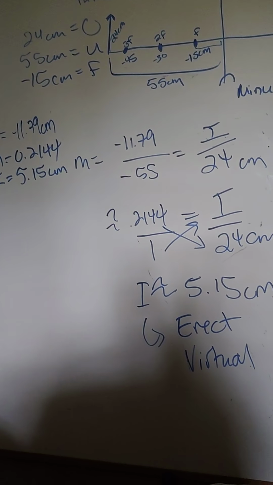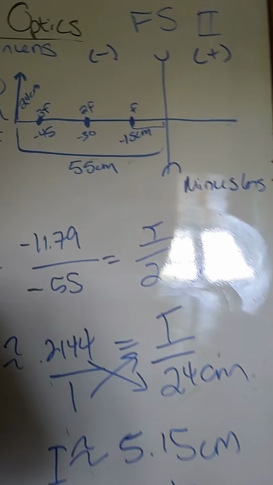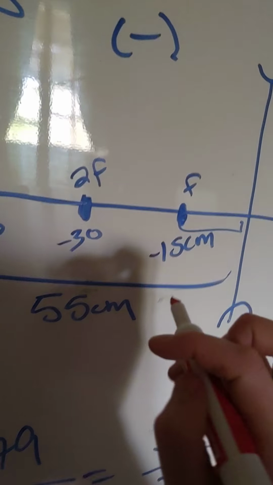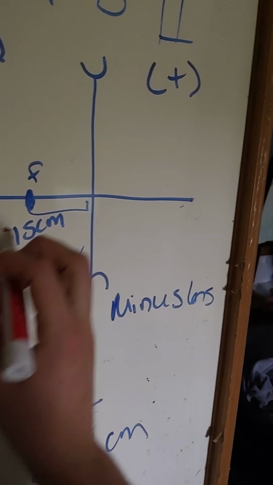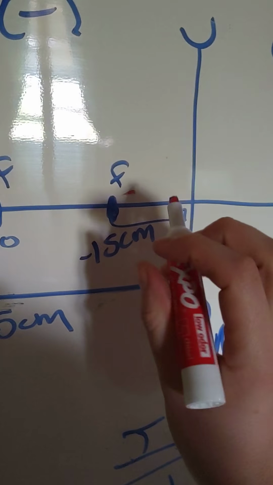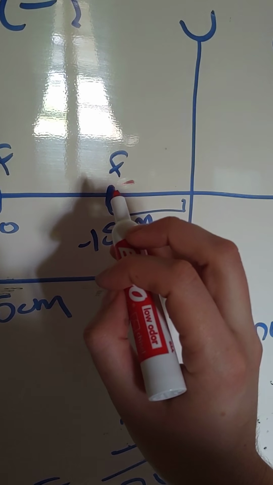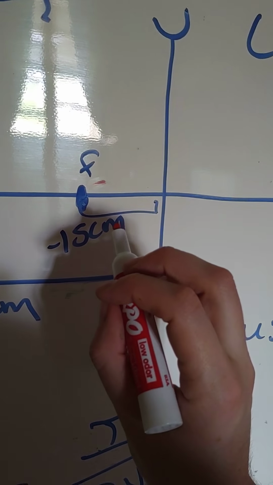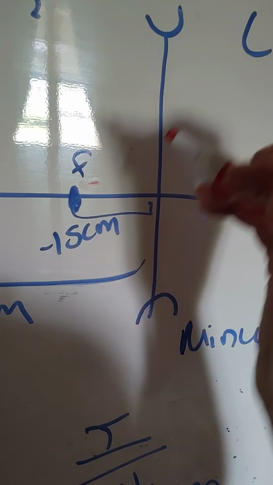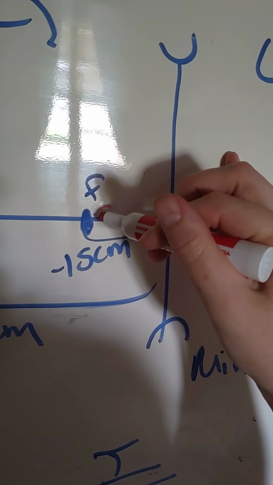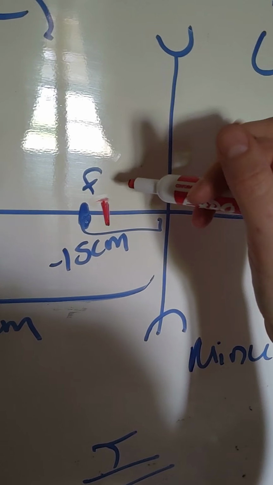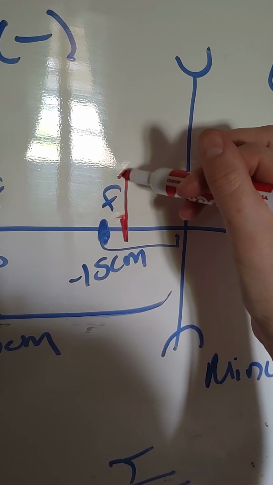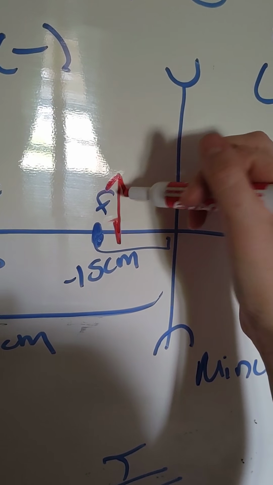I know that my image is going to be located somewhere between the lens and the focal point, because the image distance is minus 11.79. That minus says it is here on the left side. I know that the image is going to be upright, and it's going to be shorter than the original object.